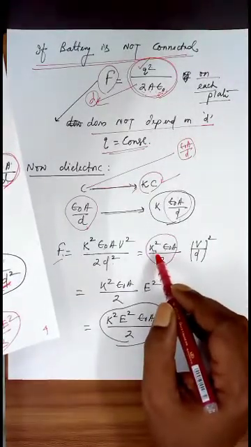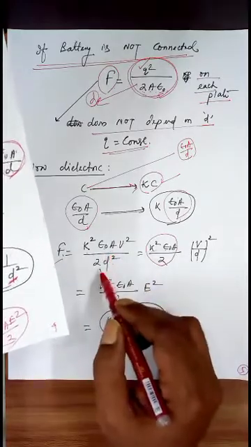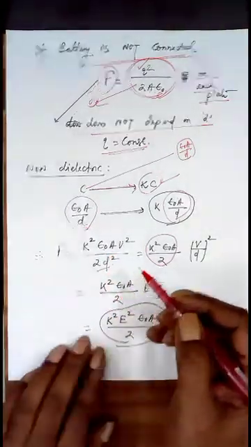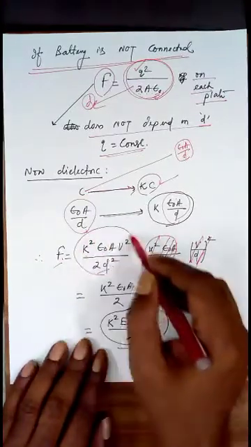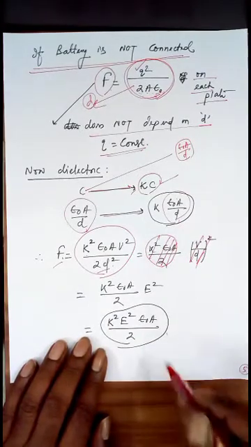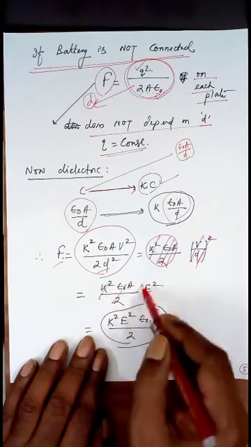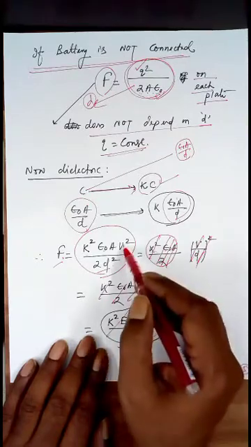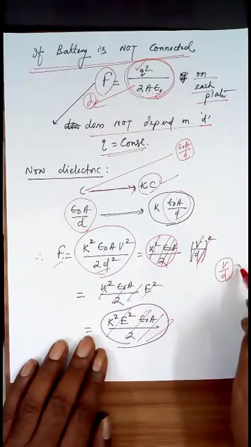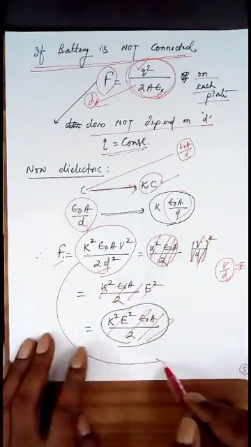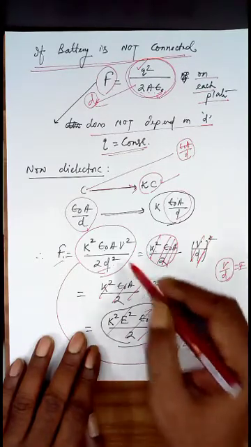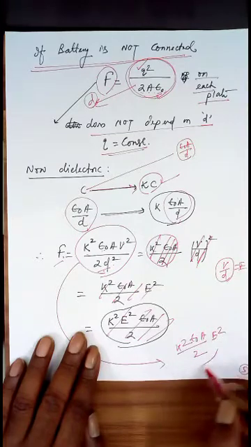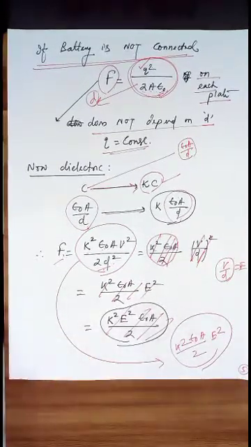So K epsilon naught A V square by 2D square. This is the force if a dielectric is introduced. Since potential divided by distance is equal to the electric field, you can write it as K square epsilon naught A over 2 times V square by D square, that is the same thing as E square. So this is the force on each plate if a dielectric is introduced.